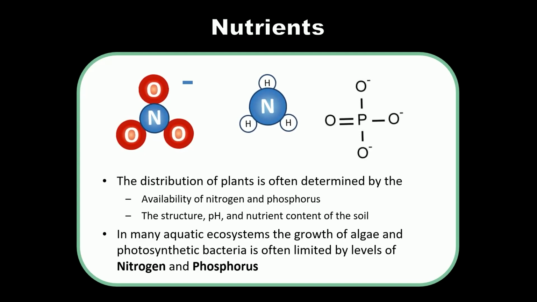So you could actually influence what the community of organisms in that natural ecosystem is just by changing the distribution of nutrients that are available in the soil. Oh, there's more nitrogen, so now this plant is actually going to have an advantage over that plant because this one's a little bit better at utilizing the resources that are now available. Typically, the two big nutrients that are going to determine how plants grow in an ecosystem are nitrogen and phosphorus.